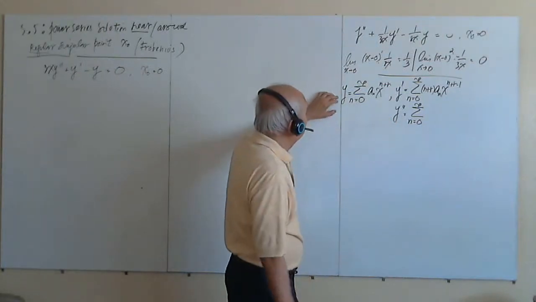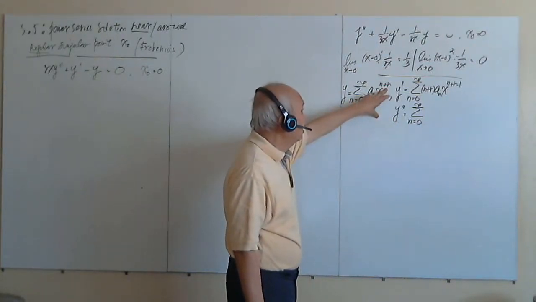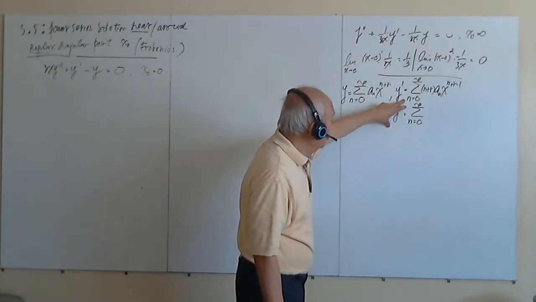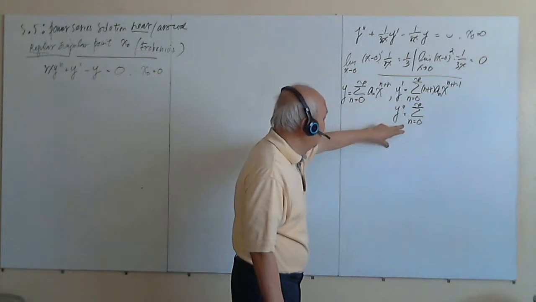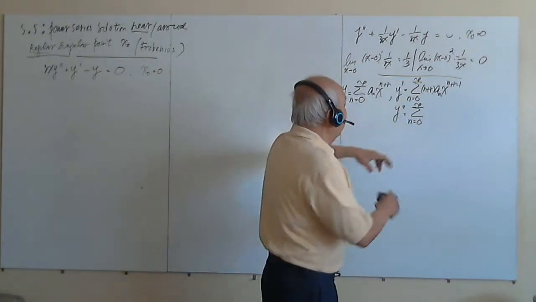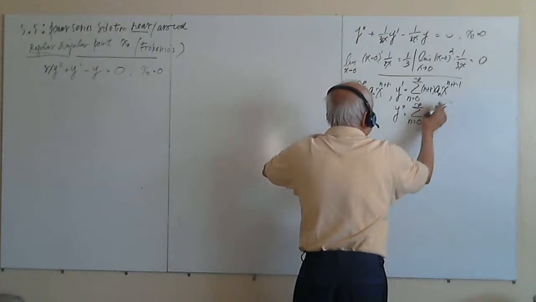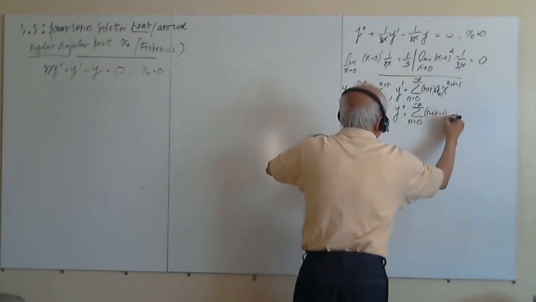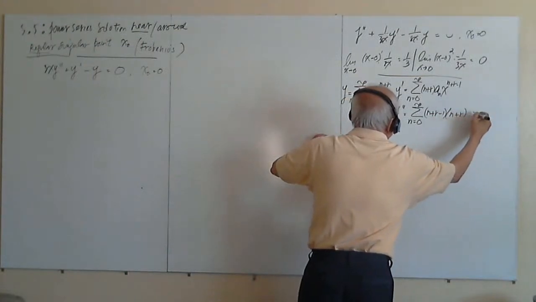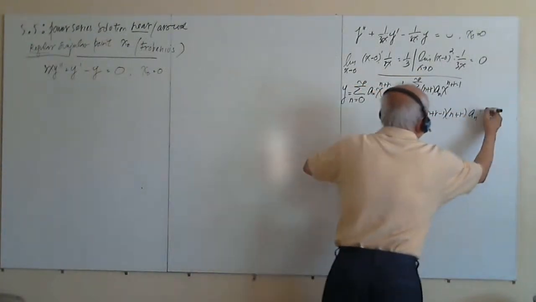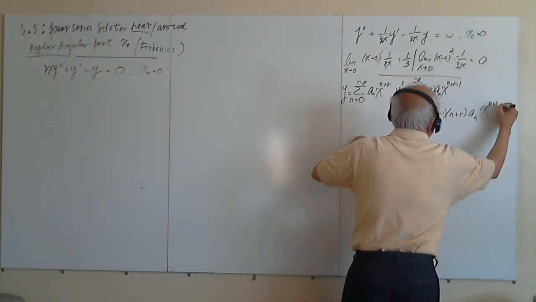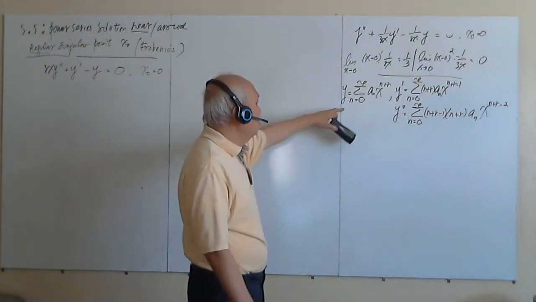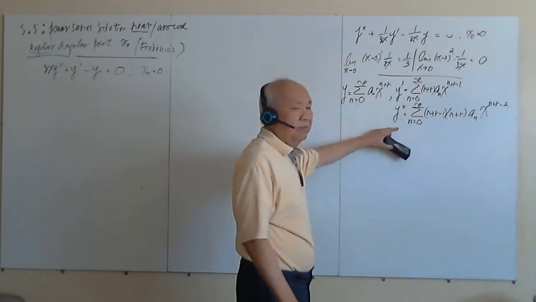But here, since we are talking about n plus r, that n still starts at 0. Then I take this and put it down here as coefficient: n plus r minus 1, times n plus r, times a sub n, times x to the n plus r minus 2. So this is no prime, this is single prime, this is double prime.